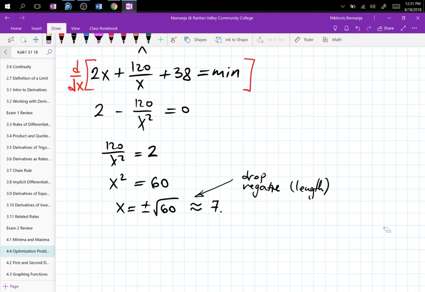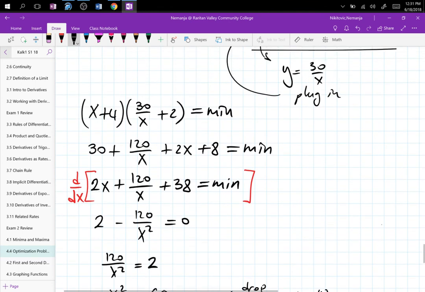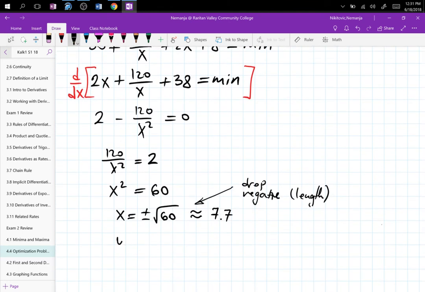So I have 7.7 for x. I can calculate y: it's 30 over that. So y is 30 divided by 7.7, which is going to be about 3 something. 3.9, yeah.